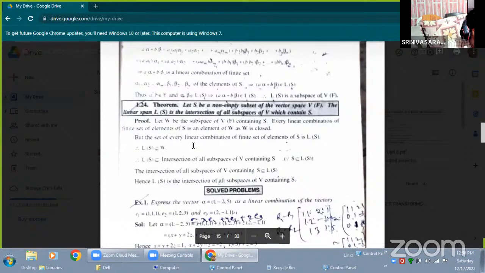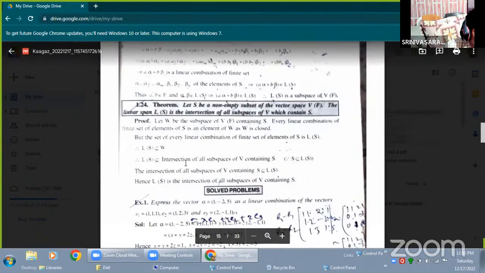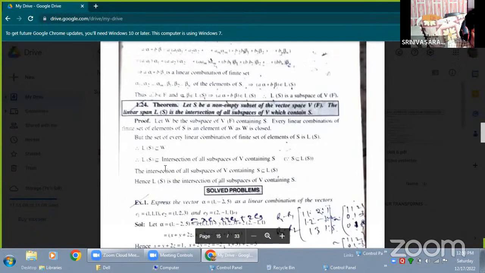That's why L(S) is contained in or equal to W. Because L(S) is contained in the intersection of all subspaces of V containing S. Therefore, finally, S is contained in L(S). The final statement is that L(S), the linear span, is the intersection of all subspaces of V which contain S.